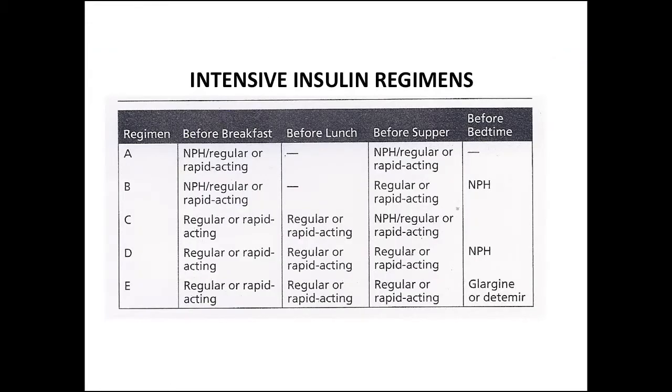And here are the potential intensified insulin regimens. The first one is split mixed, NPH and regular, or Lispro before breakfast and supper. Sometimes as you increase the NPH before supper, you get overnight hypoglycemia before you can control the fasting glucose in the morning. If that's the case, putting the NPH at bedtime almost always works.